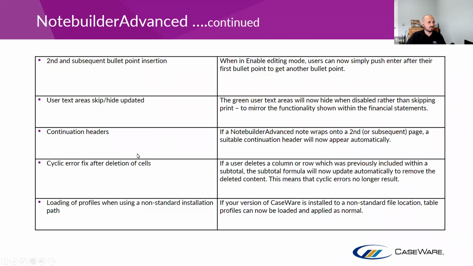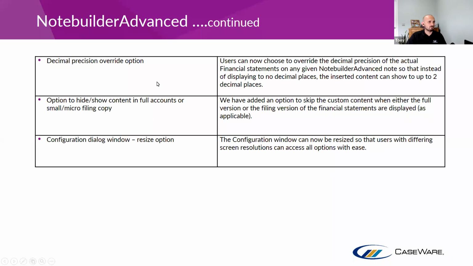All right, so other areas there as well, decimal precision override. This is an area that is definitely going to be used by clients using the IFRS AccountsAdvanced template, specifically for areas like share capital, where maybe the share capital is quite a small figure in comparison to the totals within the statement.